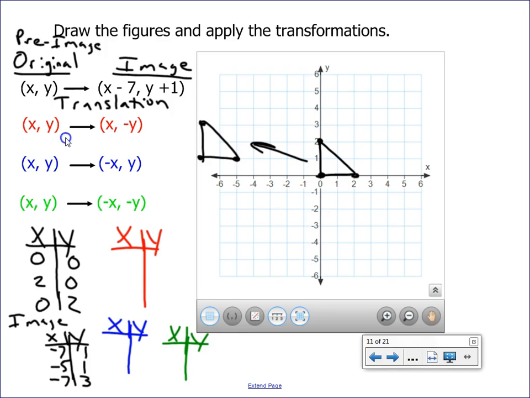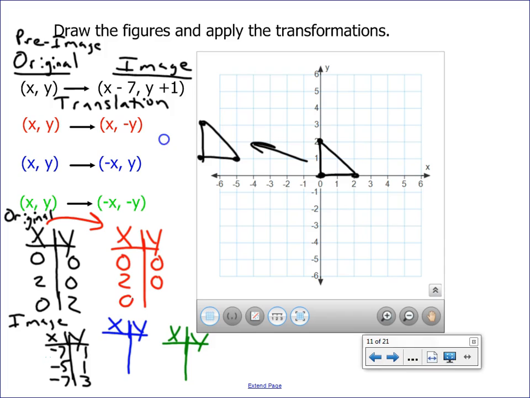Notice in this transformation, the x stays the same, but the y becomes opposite of y. So I'm looking at my original. So keep in mind, this all comes from the original figure. This particular transformation, we get 0, 0, because the opposite of 0 is 0. 2, 0.